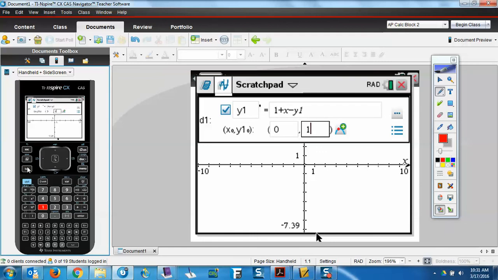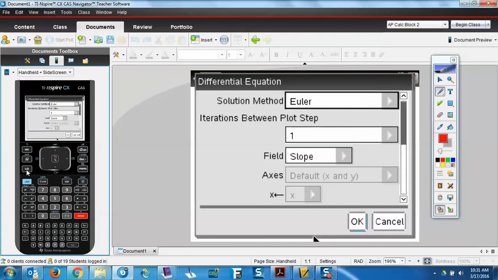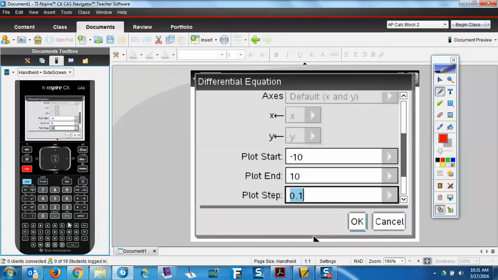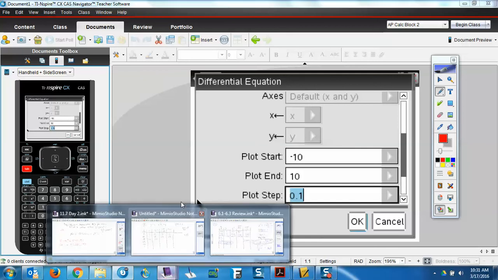And what else? Step size. And where do we go for that? The 3 dots. Go over here to the 3 dots, and we put the step size in. I guess we could put 0.4 and just check our other problem, but let's do our new problem.